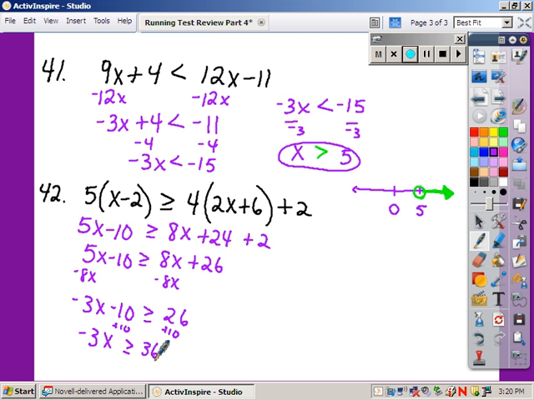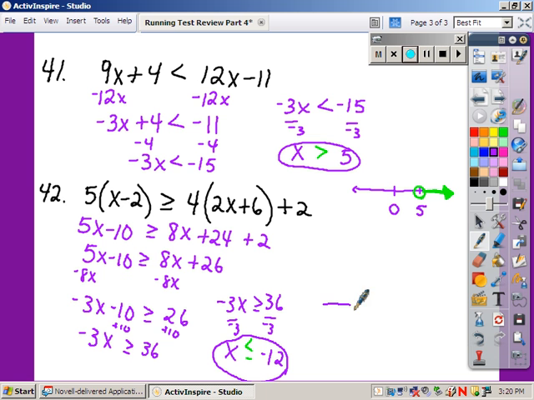And this last step, here we go again, negative 3x greater than or equal to 36. I want to divide by negative 3, and because I'm doing that, the sign will switch around one more time. So our final answer is x less than or equal to negative 12.